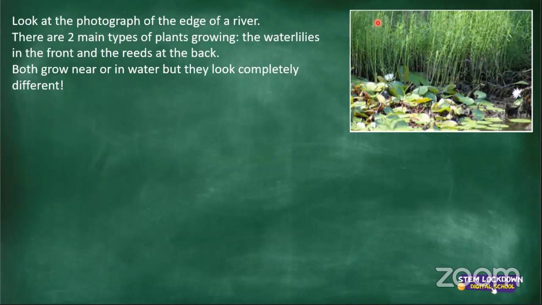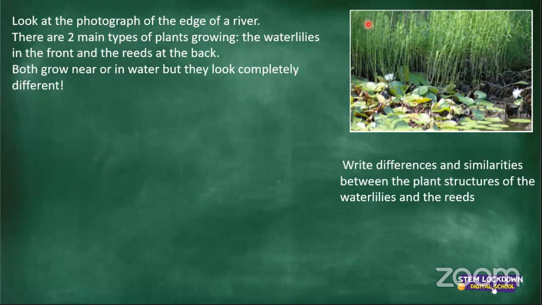The conditions are exactly the same for both of them, but they look completely different. Now I want you to look at it closer, and compare them for me right now. Write differences and similarities between the plant structures of the water lilies and the reeds.